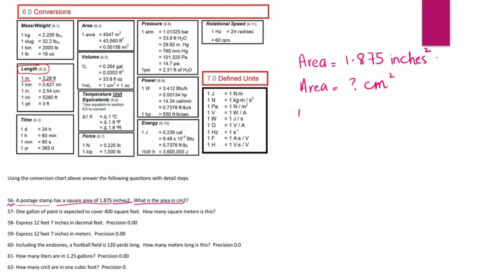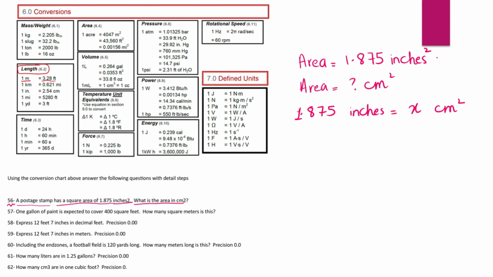So we need to find 1.875 inches square in centimeter square. For the assumption, we are taking 1.875 inches square as x centimeter square.